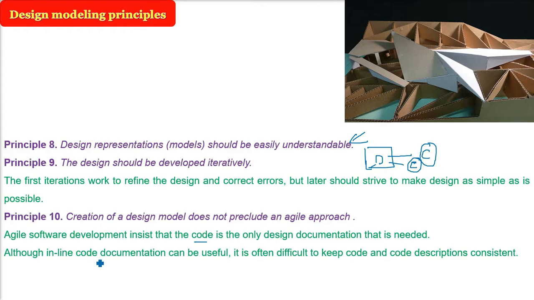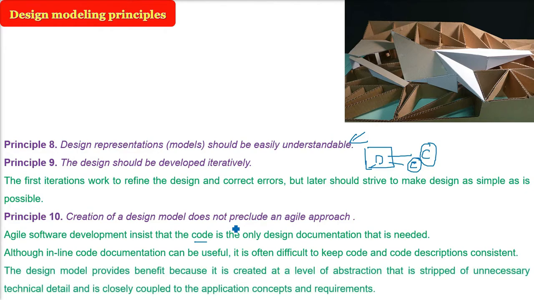But you need to keep the code and the code description consistent. The design model actually provides benefit or help. Why? Because when you are making a design, you might have taken off certain arbitrary things or duplicate things. So you have actually stripped off the unnecessary technical detail. That is why this design model is a benefit.